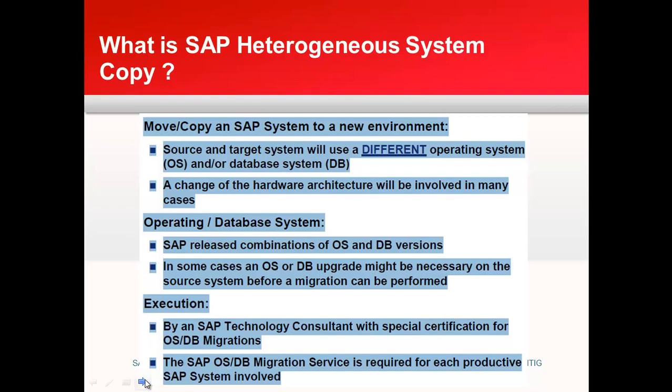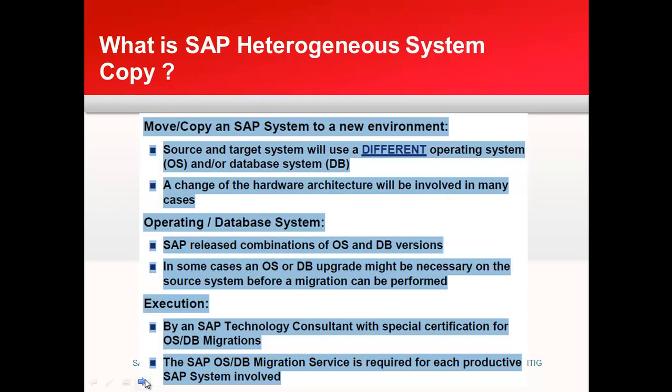So you are changing your operating system, and when you change the operating system, say going from HP Unix to AIX, the hardware has changed. So that is one of the possibilities, along with the OS and database migration, along with the source and target migration.